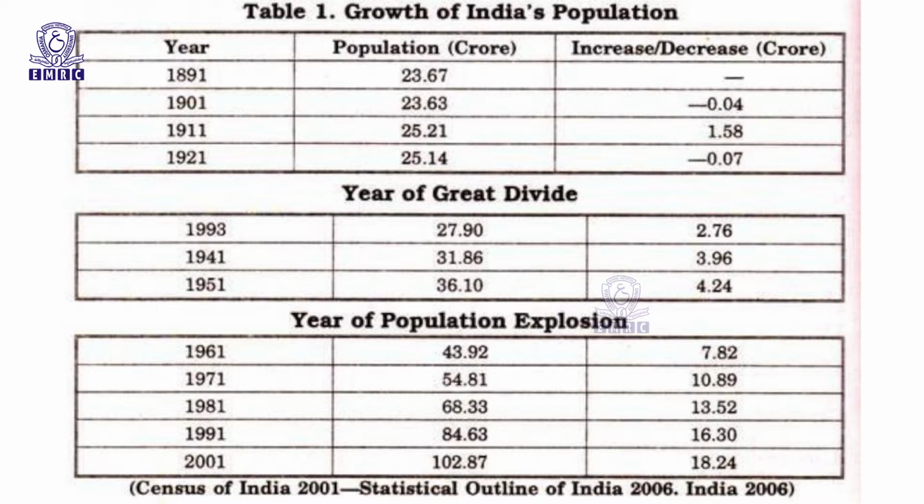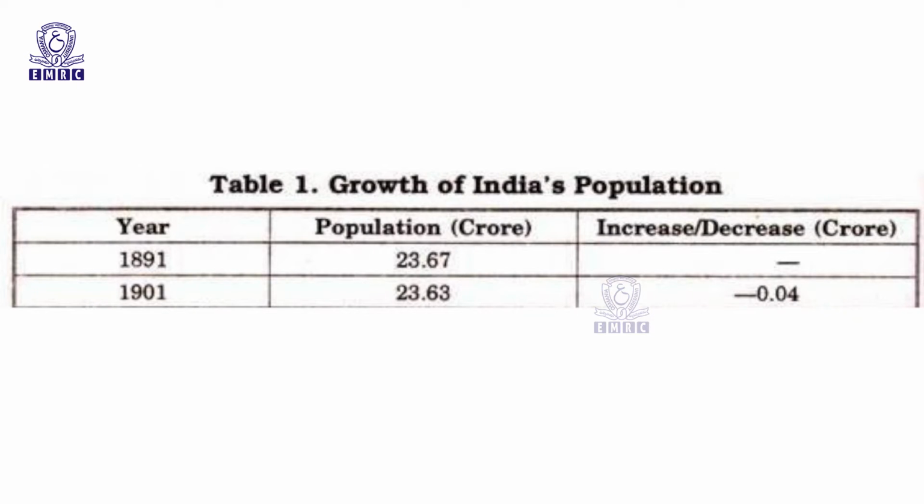The growth of India's population can be studied in four periods of time. The first is the stagnant population period, from 1891 to 1921. The rate of growth of population in India was very slow between 1891 and 1921. In 1891 to 1901, population decreased by 4 lakh in the decade.